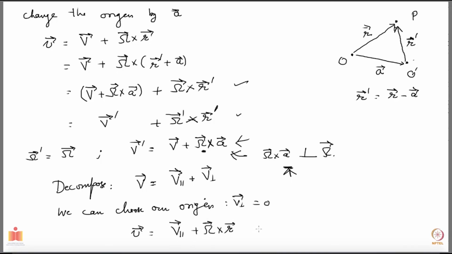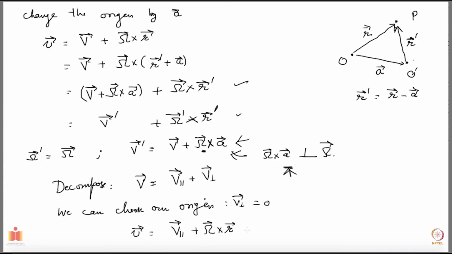Which means that each point in the body, because this is a generic point, each point in the body is rotating about some axis which is given by omega, and it is also moving along the same axis. Remember, this thing is just the velocity along the direction omega, right?